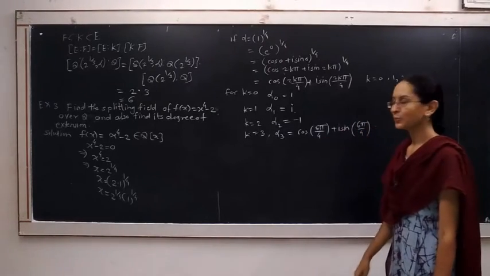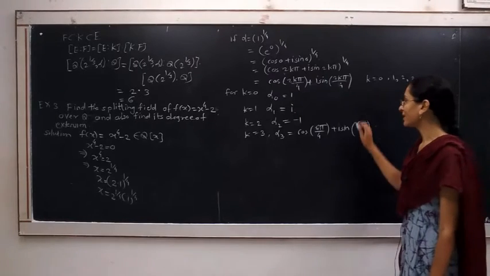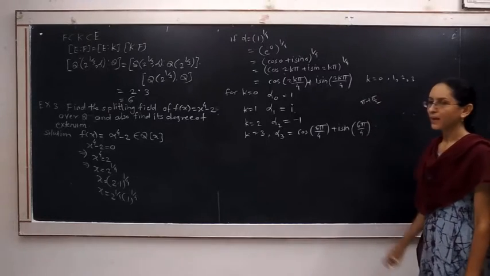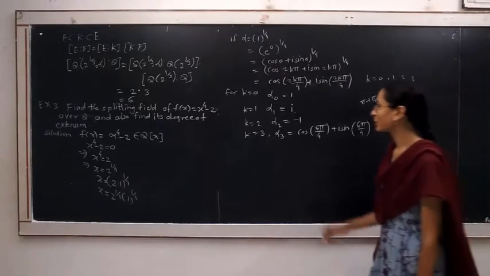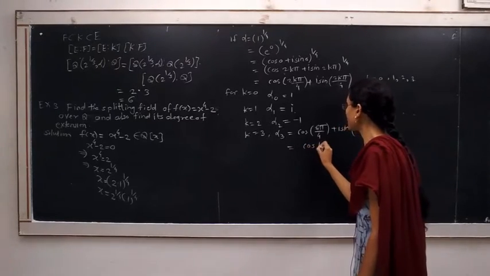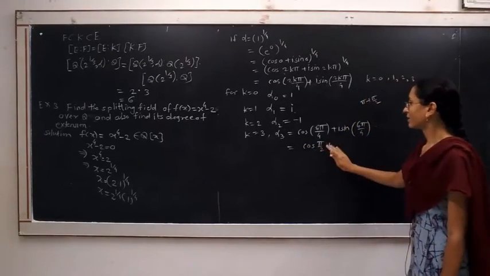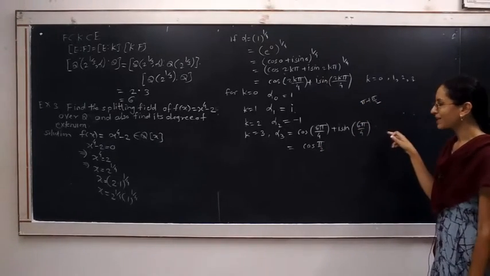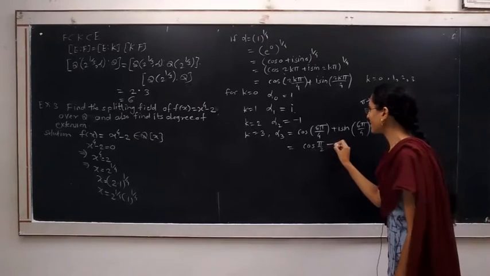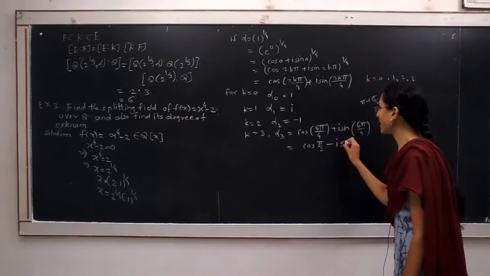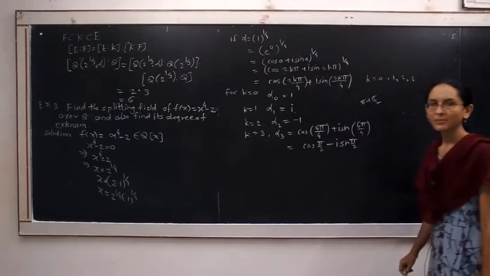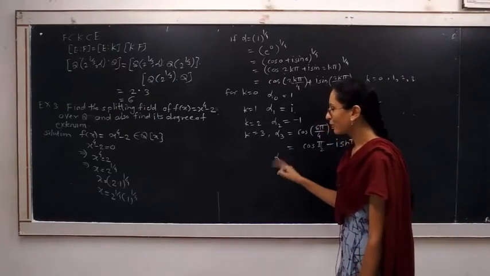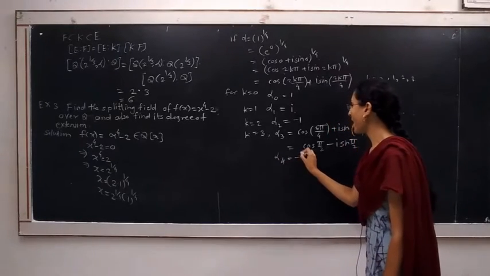This means cos(3π/2) + i sin(3π/2). 3π/2 can be arranged as π + π/2, and cos(π + π/2) is -cos(π/2), and sin(π + π/2) is -sin(π/2). The value of sin(π/2) is 1, hence the last 4th root of unity, alpha 3, is given by -i.